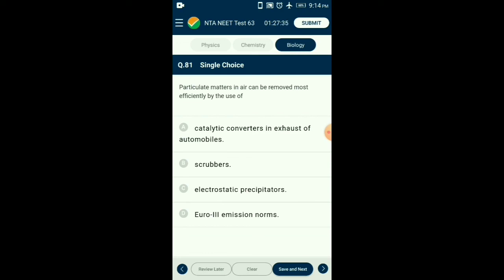These electrons attach to dust particles, giving them a net negative charge. The collecting plates are grounded and attract the charged dust particles. The velocity of air between the plates must be low enough to allow the dust to fall. Answer is option C, electrostatic precipitator.